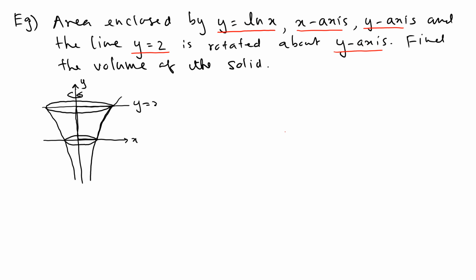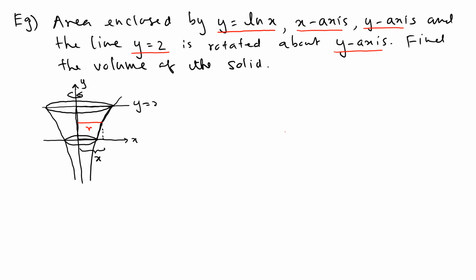As before, we're going to find the radius. I'm going to call it r, and we know that it's exactly equal to the x coordinate. So the problem is pretty much similar. Again, we need to write everything in terms of y.